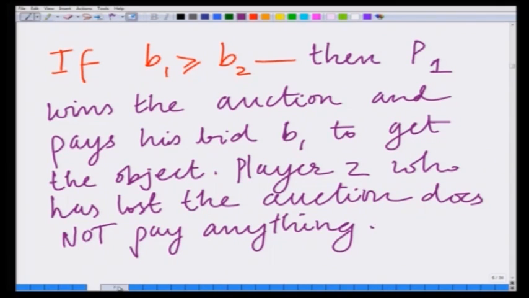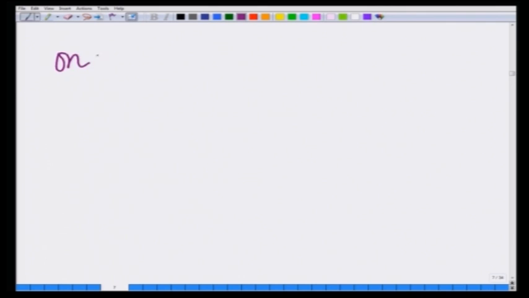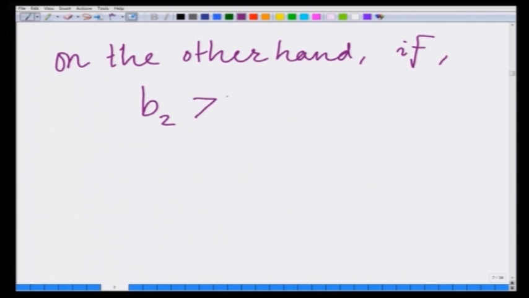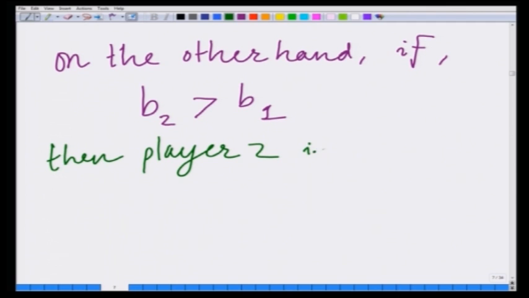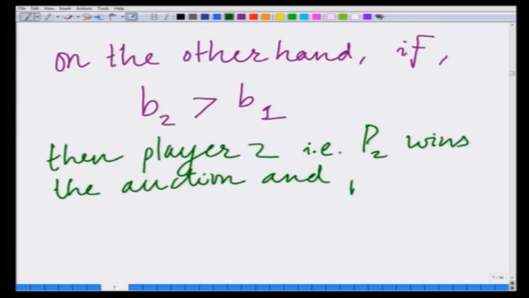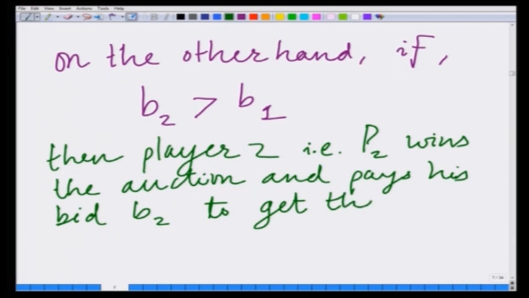Similarly, if B2 is greater than B1, on the other hand, then player 2 wins the auction and pays his bid amount, that is B2, to get the object.